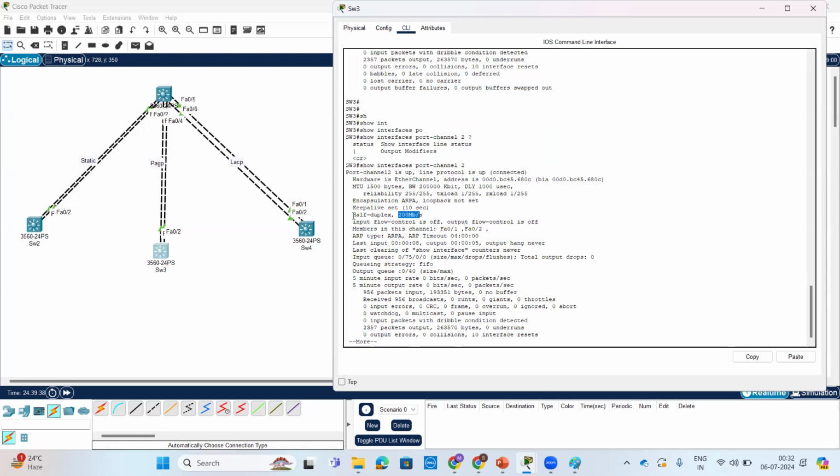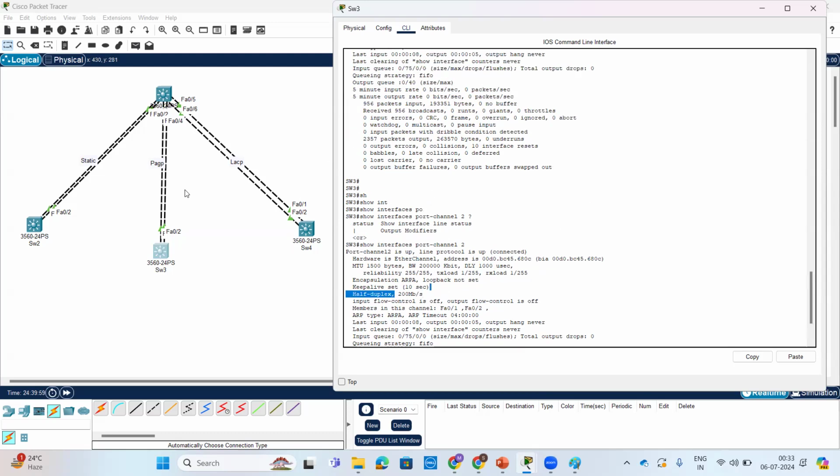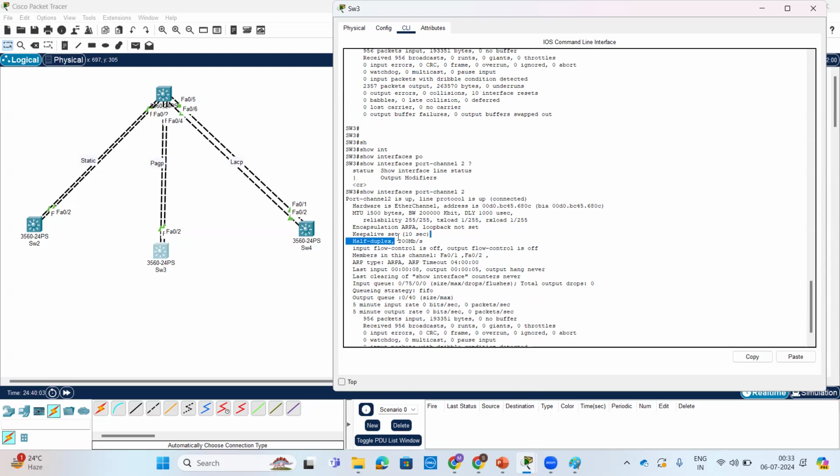And here the duplex is showing half duplex by mistake, but it is full duplex only. I think it's a Packet Tracer issue. In real time, it won't show like that. But you can verify here 100 plus 100. This link is 100 Mbps and this link is 100 Mbps. But 200 it is showing, right?